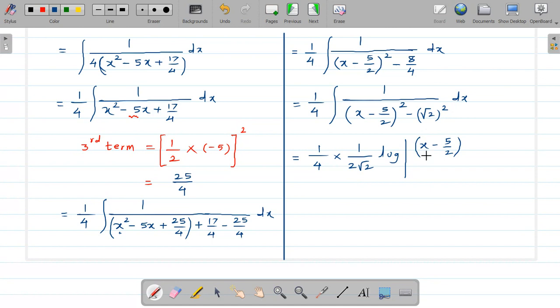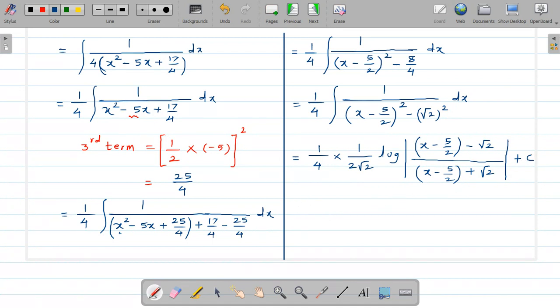In place of x there is x minus 5 by 2, so x minus 5 by 2 minus root 2 divided by x minus 5 by 2 plus root 2, plus constant.